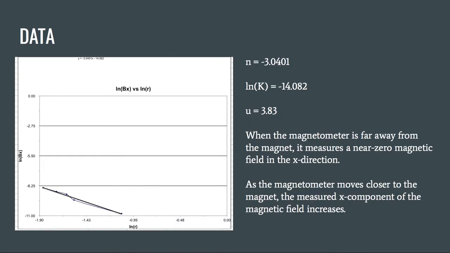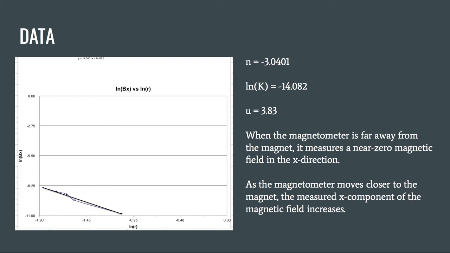On a closer look at the plot, the slope was negative 3.0401, which was n, and the y-intercept was the natural log of k, which was negative 14.082. This allowed us to find mu as 3.83, and the calculations will be shown in the next slide.